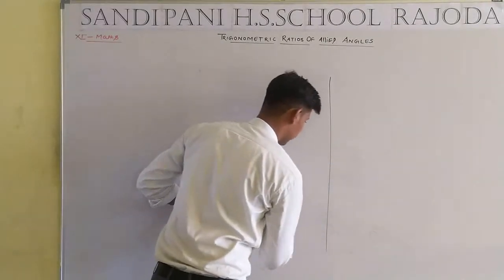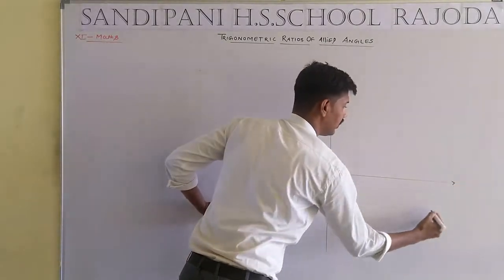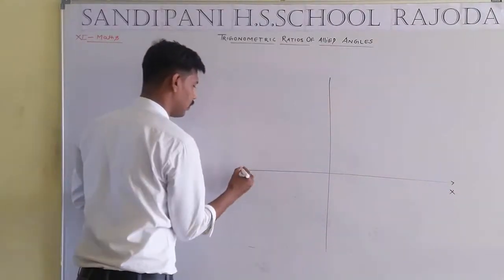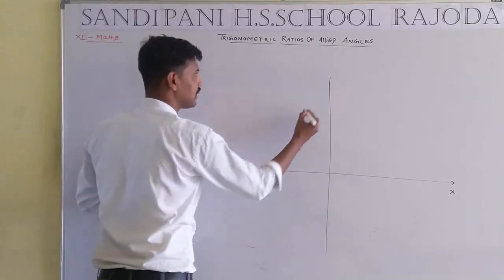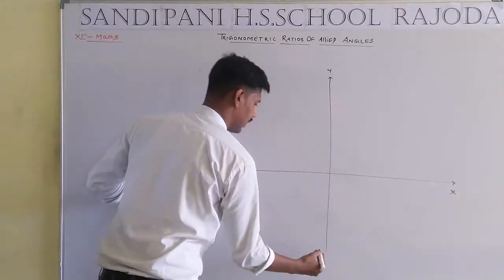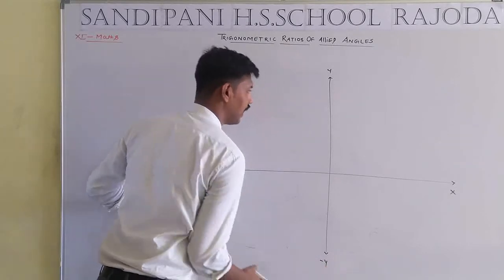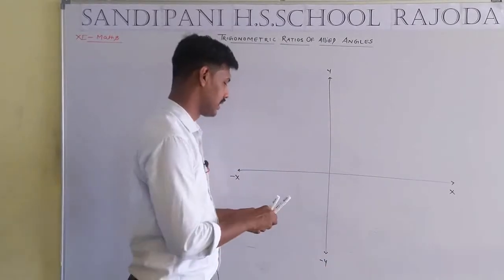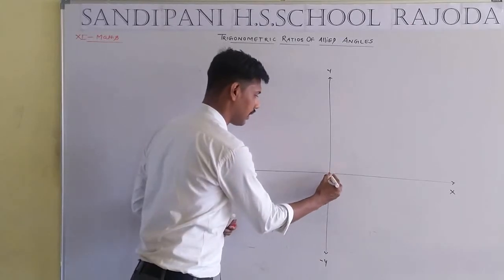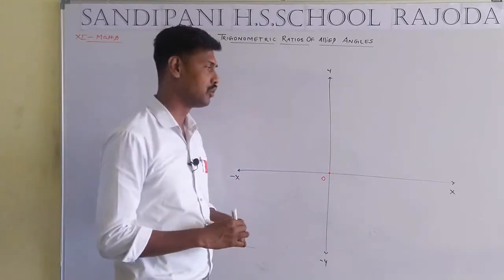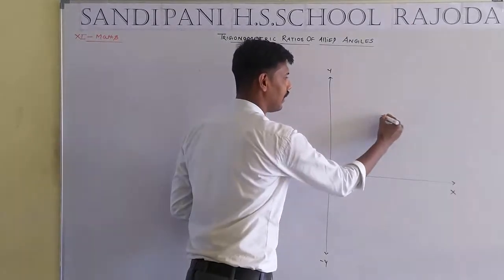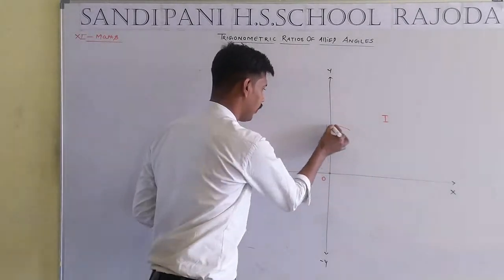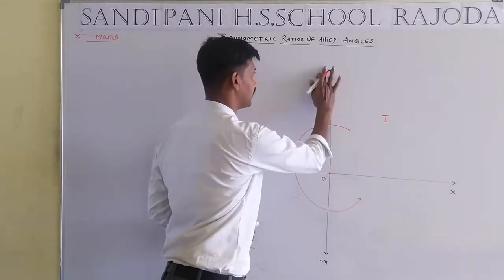Graphical representation. In the graphical representation, this is the positive x-axis, negative x-axis, positive y-axis and negative y-axis. Now we take two cross lines meeting at the same point, the center, capital O. Student, that is the first part when we go anti-clockwise.